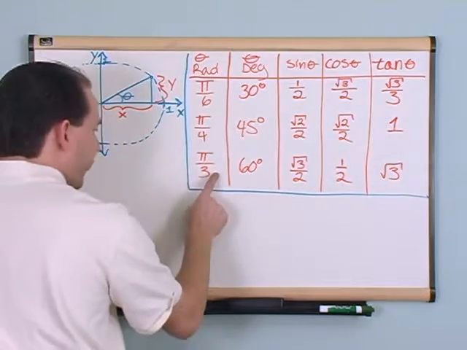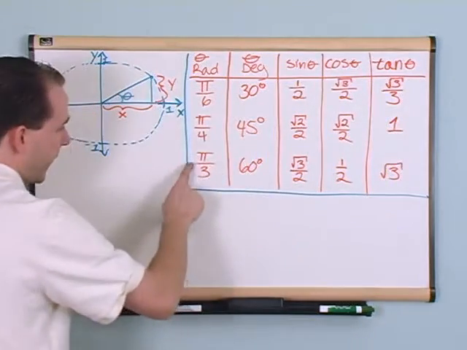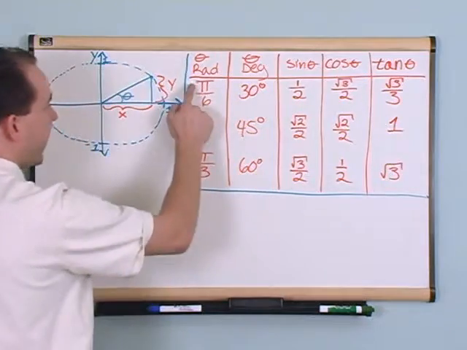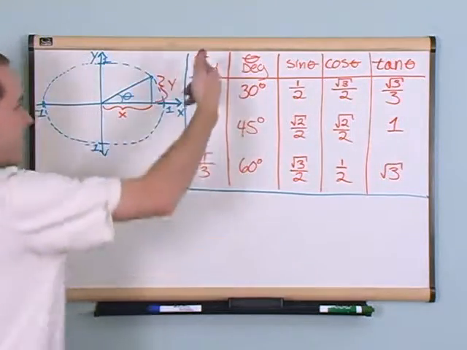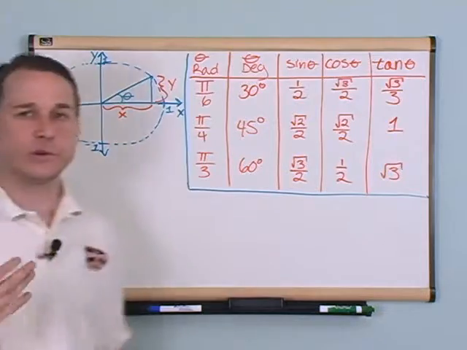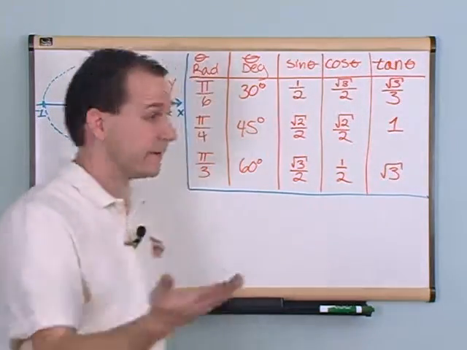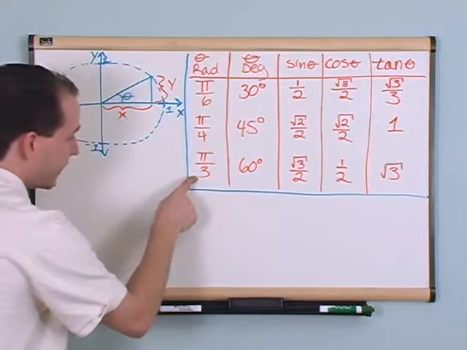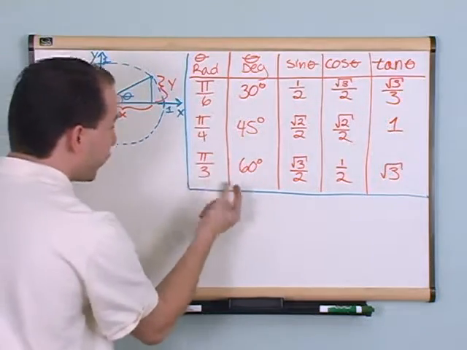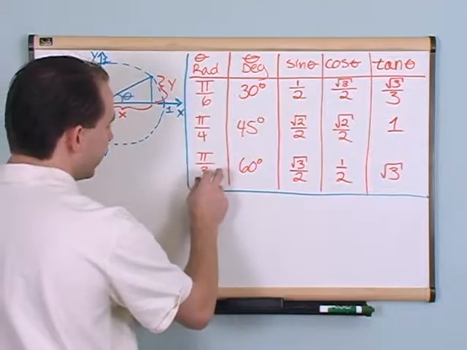Okay? Pi over 3, it's kind of opposite. For pi over 3, that's 60 degrees, and for pi over 6, that's 30 degrees. So they're kind of opposites of each other. I'm trying to give you quick ways to remember what the degree angle is based on the radian angle, and this is how I do it. When I see a 3 in the bottom, I say, okay, it can't be 30 degrees. It's opposite of that. It's 60 degrees.